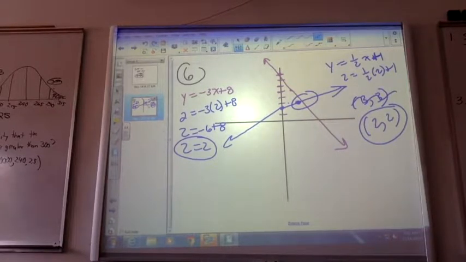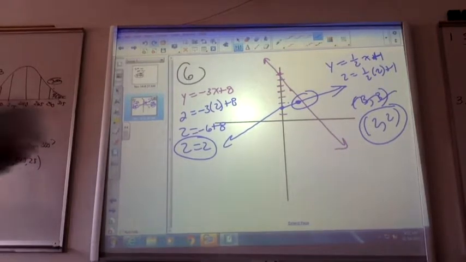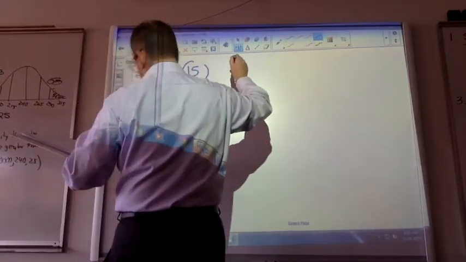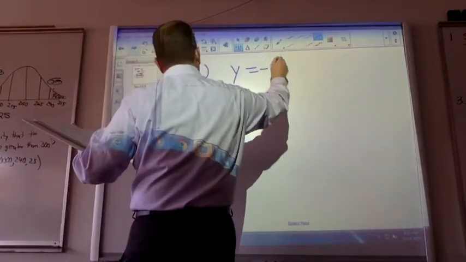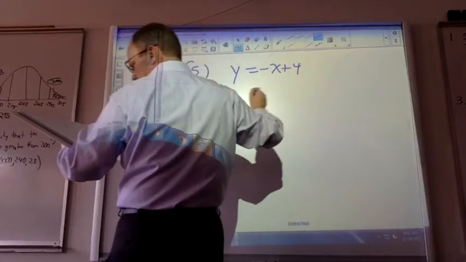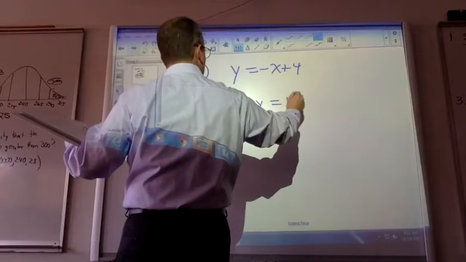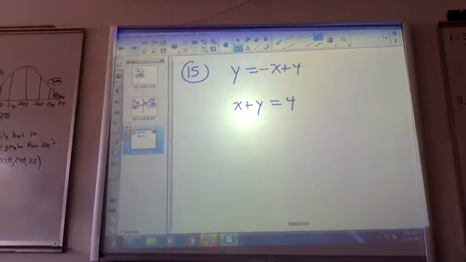15, all right. Without graphing, decide whether the system has 1, no, or infinite solutions. Okay, so number 15, they don't want us to graph it. So we have this, and then we have this. I will always give the opportunity to graph if you want to graph.